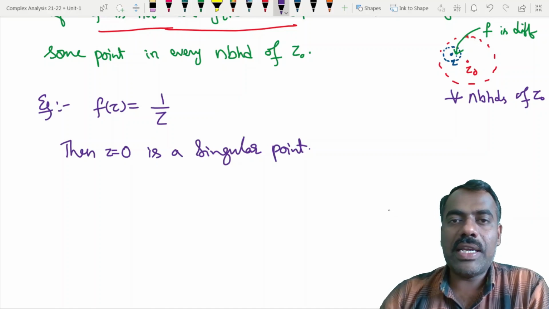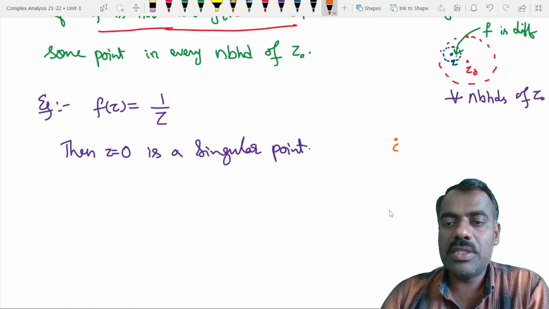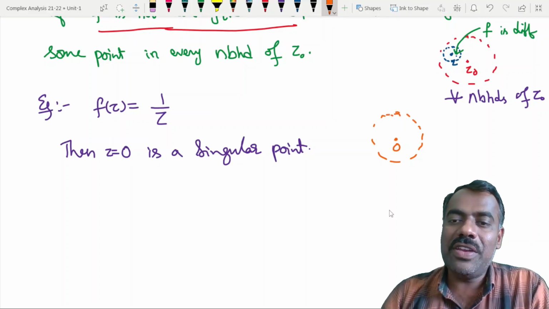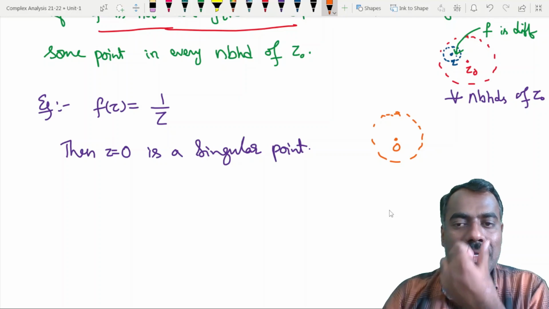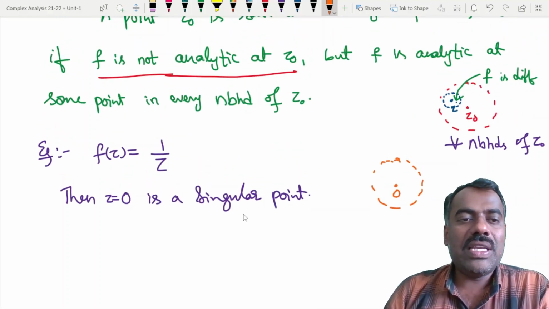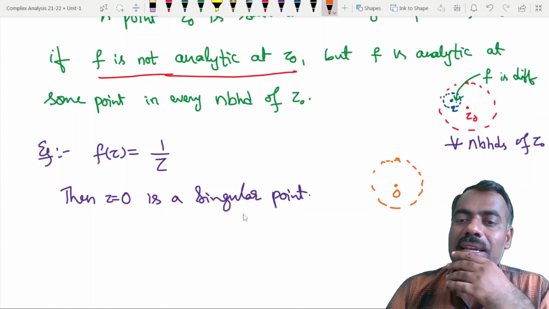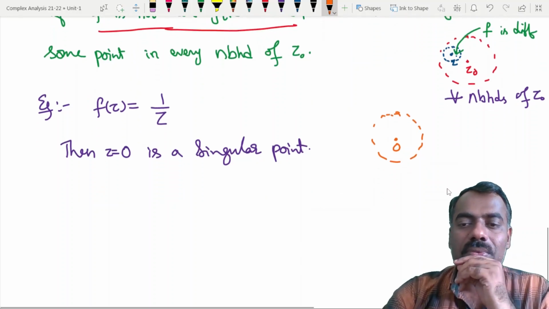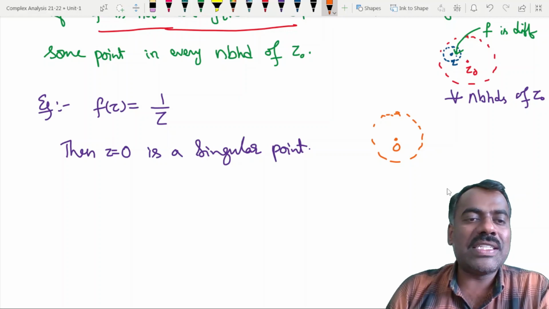So if you take any neighborhood of 0, and any point other than 0, it is differentiable and satisfies this condition, because we require it to be analytic at only some point. But in this example, except 0, at all remaining places it is already analytic. Yes or no?